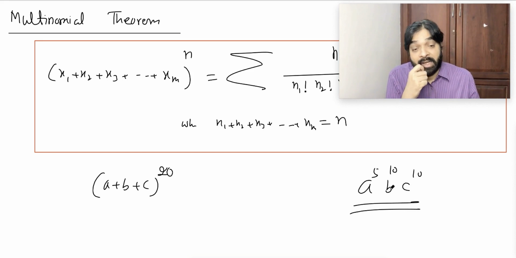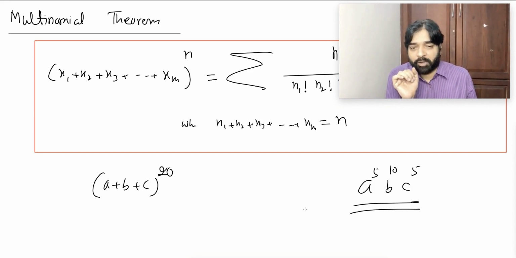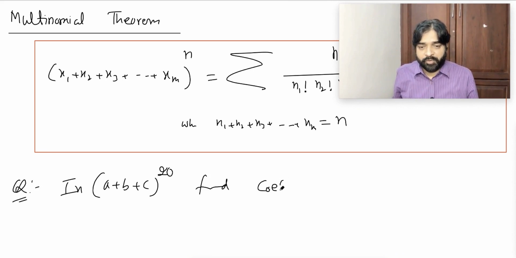Understood my point? Okay. Will I get this kind of term ever here when I expand? Yes, because the summation is coming 20. So if I make this one a question: in the expansion of (a plus b plus c) power 20, find the coefficient of a power 5, b power 6, c power 9.